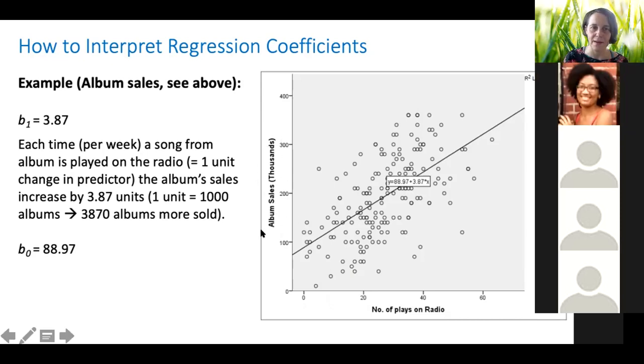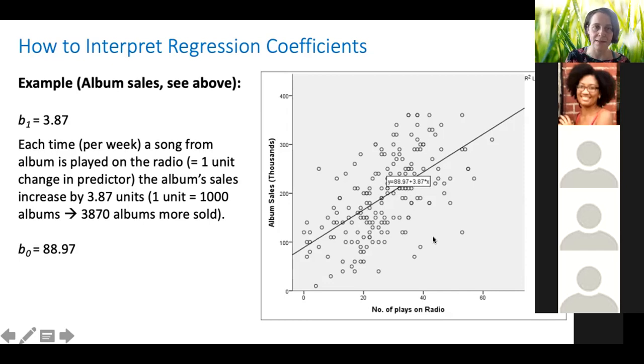So the estimated model was: the intercept 88.97 and the slope 3.87. So that means the regression equation was the outcome y, the album sales, equals 88.97 plus 3.87 times x.